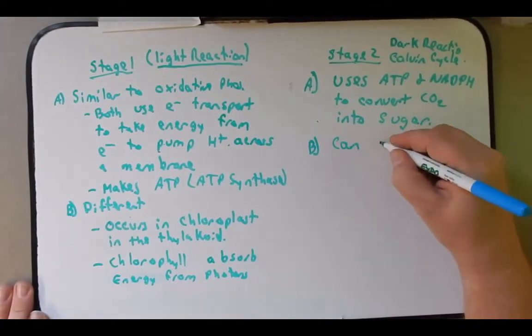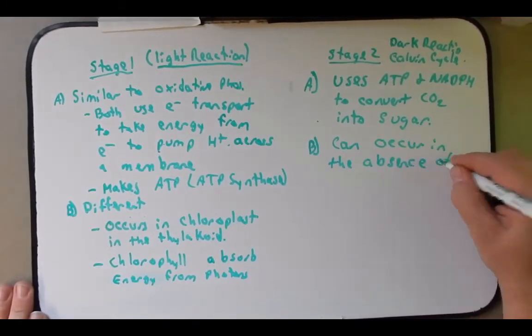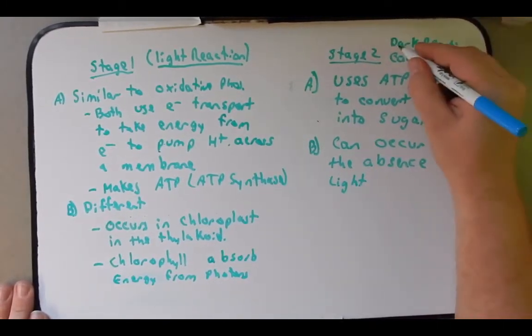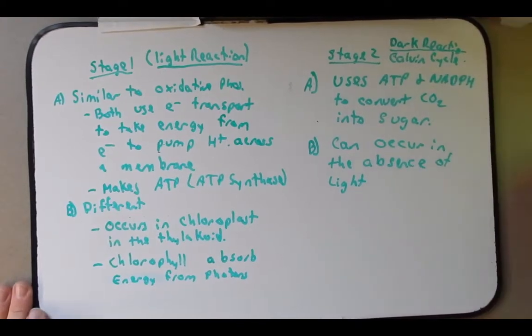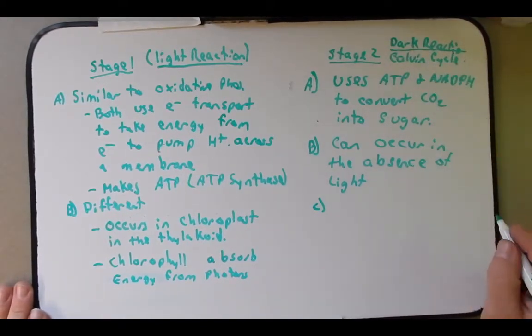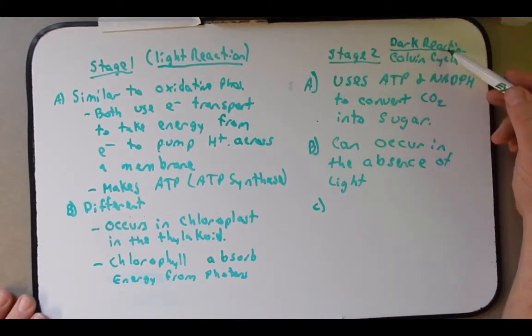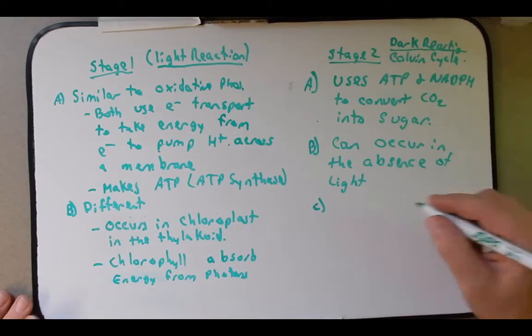I'll say it can occur in the absence of light, which is why we often see it referred to as the dark reaction. The reason I don't particularly like calling it the dark reaction is because it implies, or at least suggests, that this only occurs in the dark. And in fact, many of the enzymes found in the Calvin cycle, stage 2 here, are downregulated when there's no sun or no light.